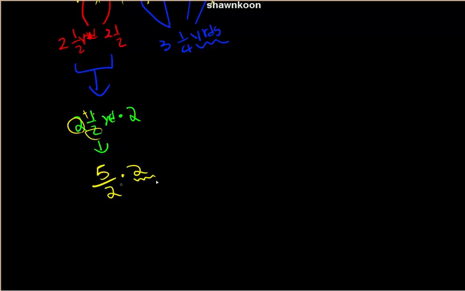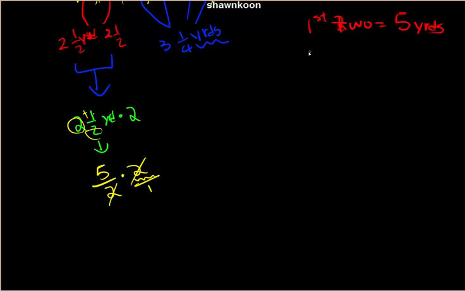Because 2 is the same thing as what? 2 over 1, these 2s cancel. So this is pretty much 5 total. So the first two sections are 5 yards long.